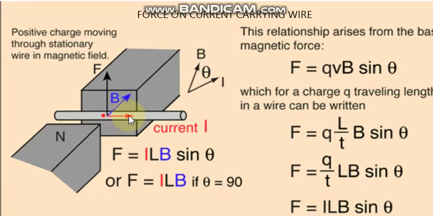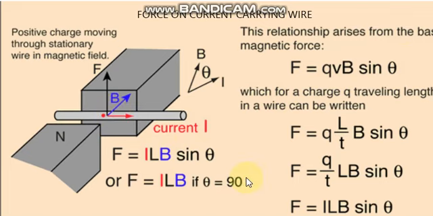So the vector L in this case is directed along the direction of current. Its direction is this, the direction of B is this, and you can easily see that the current and the direction of B are making an angle of 90 degrees over here. The angle between B and L is 90.